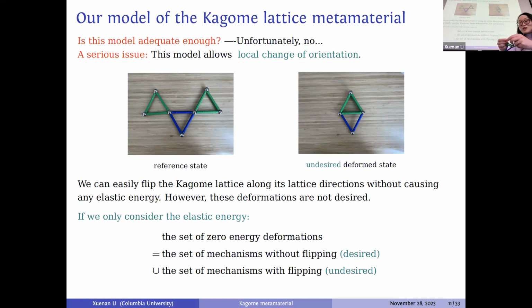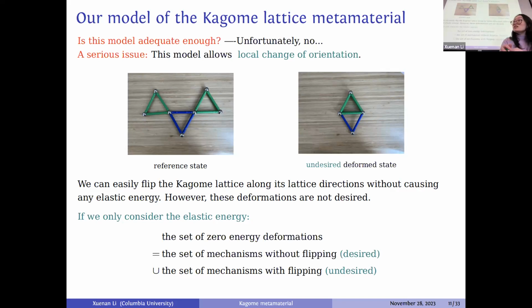It's probably easier to see it with the toy. So this is one state on the left, and you can rotate the triangles such that this is one kind of mechanism. But what's happening here is you flip the triangles like this.